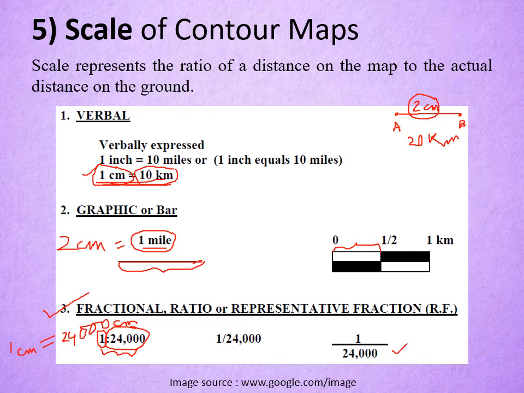So by these three ways we can represent the original distance between any 2 points in the field with a much smaller dimension in the map. Say for example 10 kilometer of original is represented as 1 centimeter.